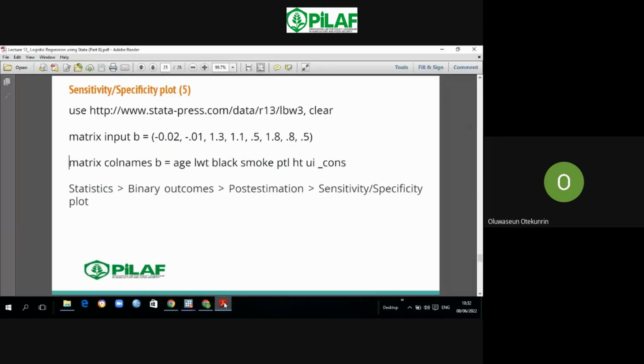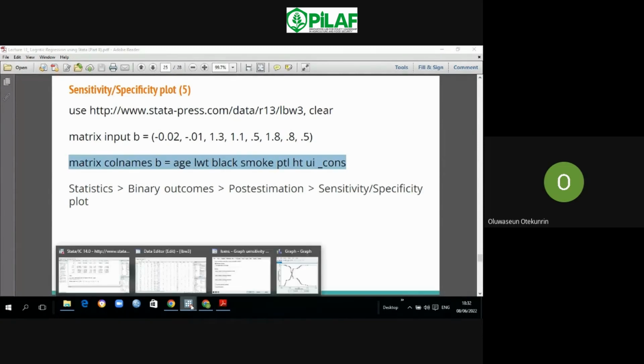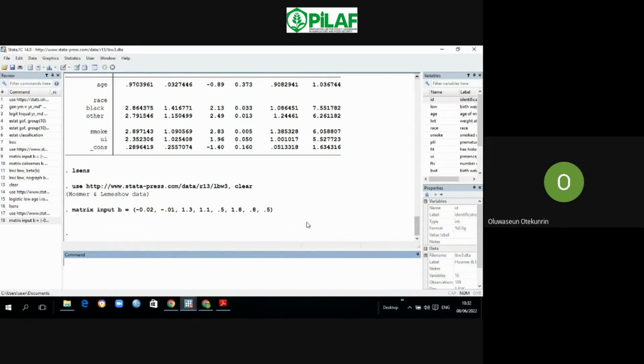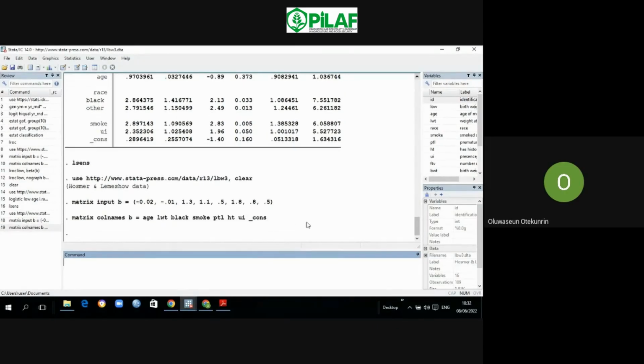So next, copy matrix column names B, and so on and so forth, into the command window. Copy and then paste it in the command window. You press enter. Have you done that?